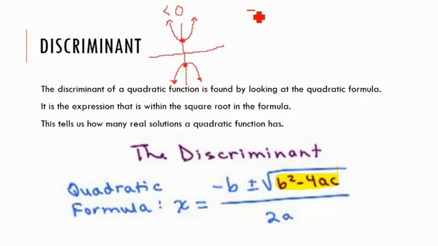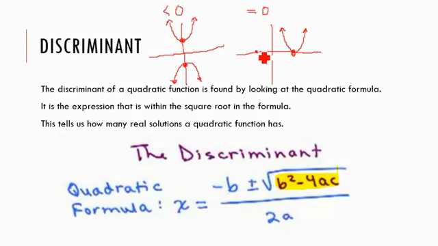If the discriminant equals 0, if we look at that graphically, that just means that the vertex happens to be on the x-axis. So it also happens to be the x-intercept. So if this is my vertex, I have a parabola that looks like that. My vertex is on the x-intercept, therefore there's only one x-intercept.